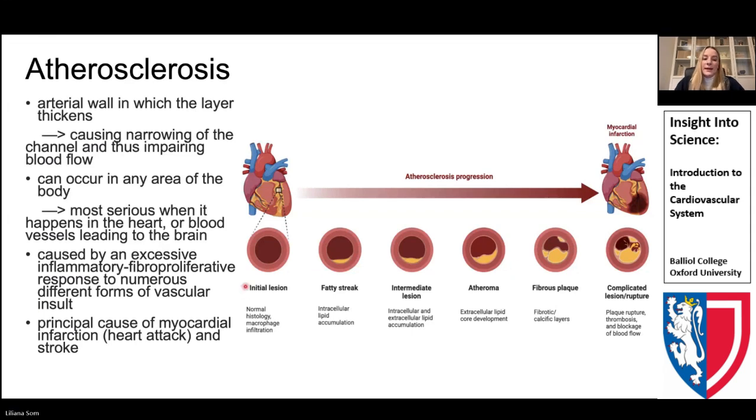The most serious cases are when there is a blockage or a rupture, and the plaque that was built up in an artery travels through the circulation, and when it reaches a point where it can block an artery, that can cause strokes in the brain or myocardial infarction, or heart attack, in the heart.